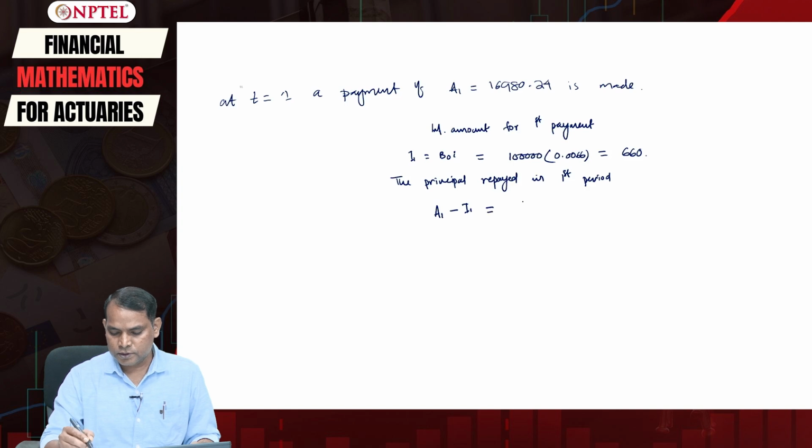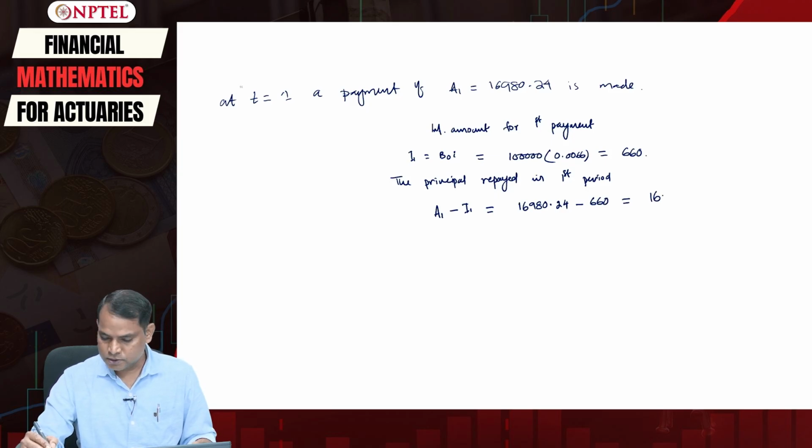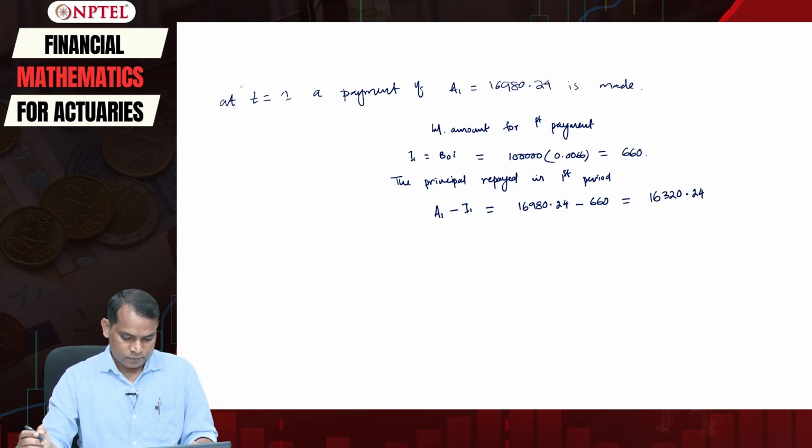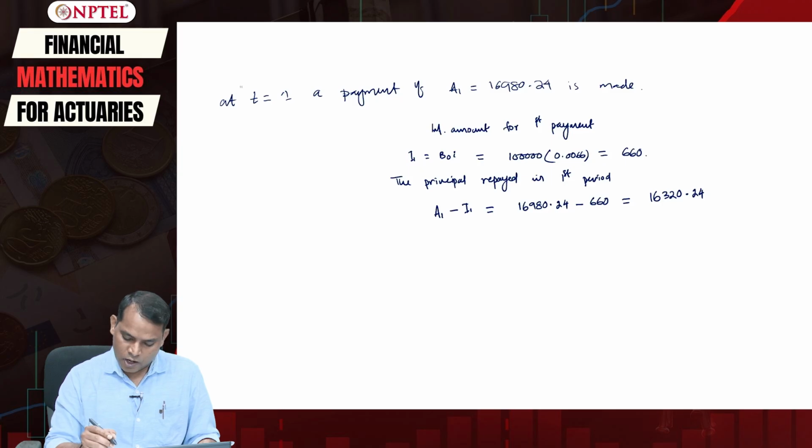So simply it will be 16,980.24 minus 660, which will give us the amount, that is 16,320.24.